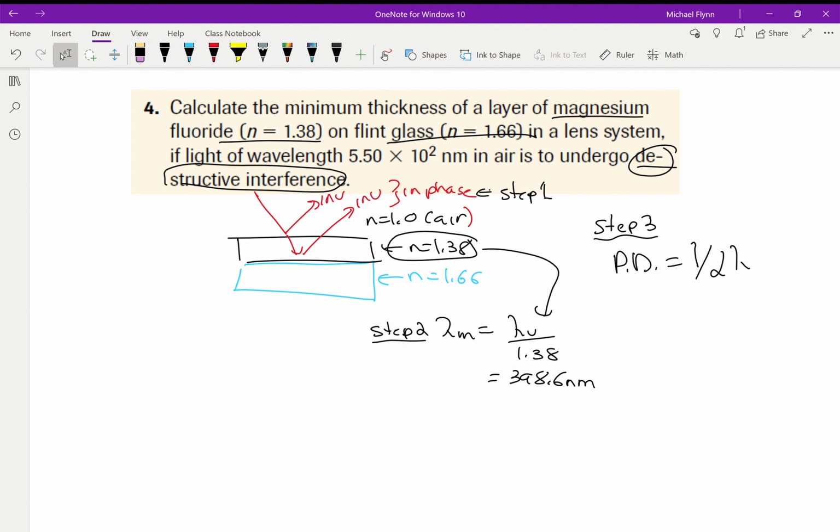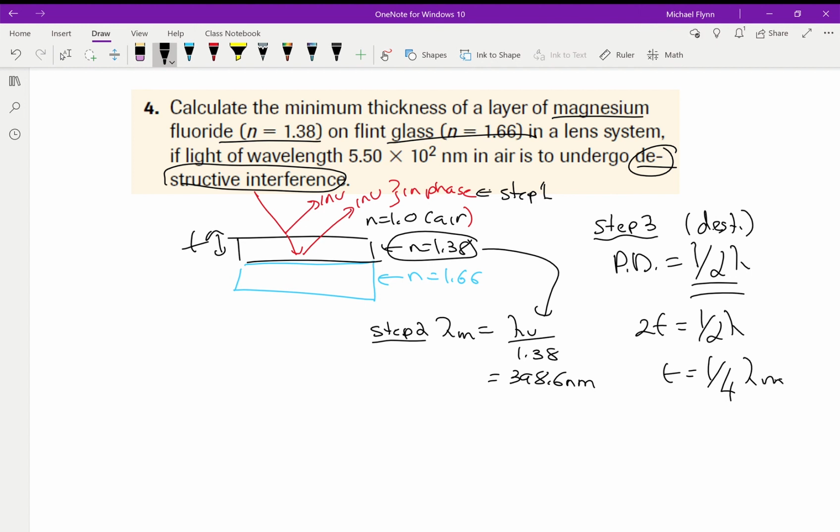I need to get destructive interference, so I need to shift one of those waves by half of a wavelength. So 2t. Remember, the thickness of the film is t. So 2t equals 1/2 of a wavelength. T equals 1/4 of the wavelength then. Now, it's 1/4 of the wavelength in the medium. So that will be the number that we just got divided by 4. I get 99.6 nanometers.